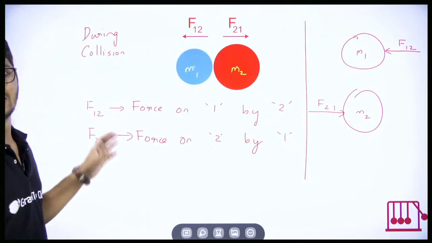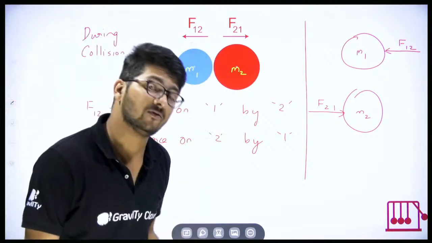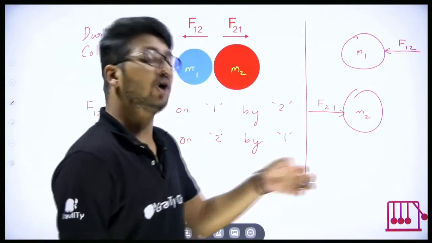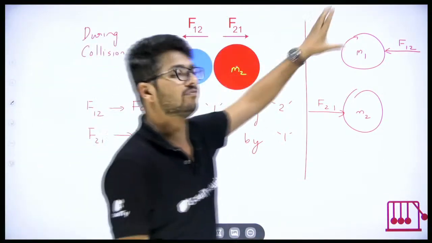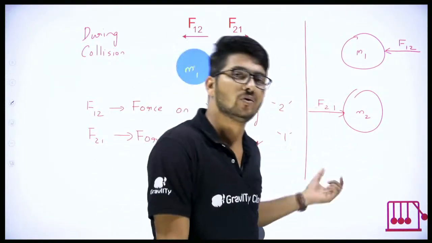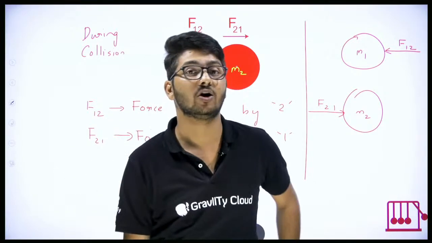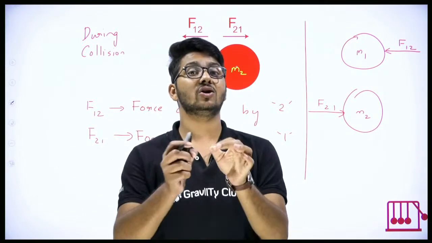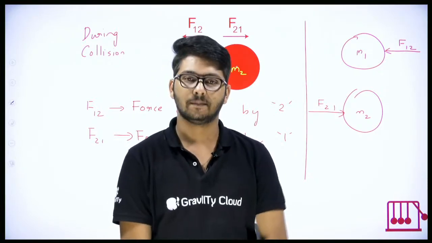So during collision, forces act on m1 and m2. And when forces act, what happens? Velocity changes. On m1, F12 is acting, so m1's velocity will change. On m2, F21 is acting, so m2's velocity will change. Both velocities change during collision because the forces are acting. Is that clear? Good. Next.